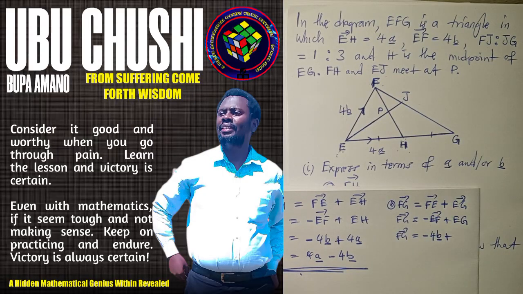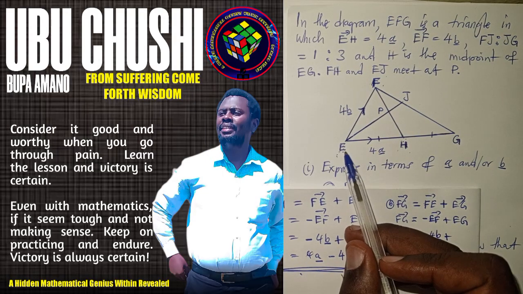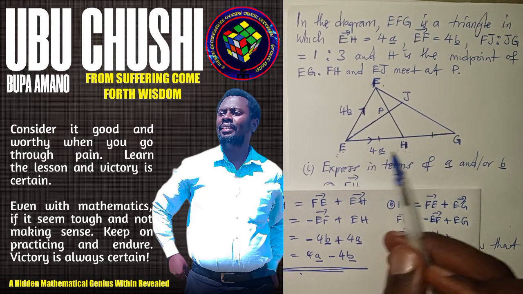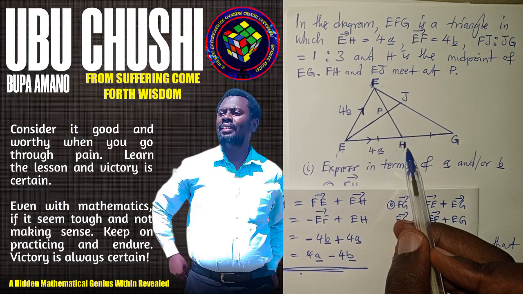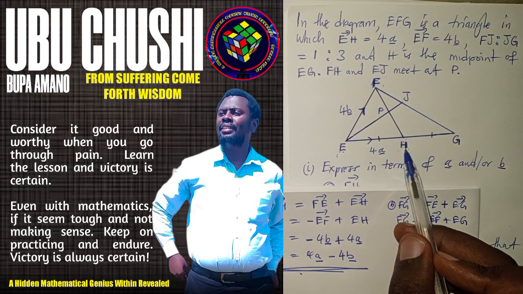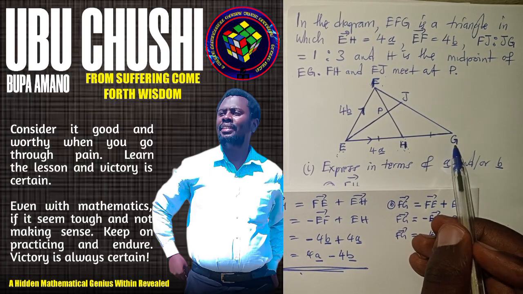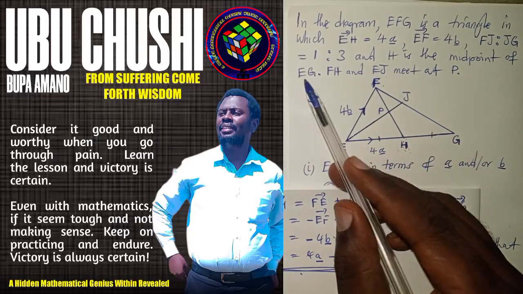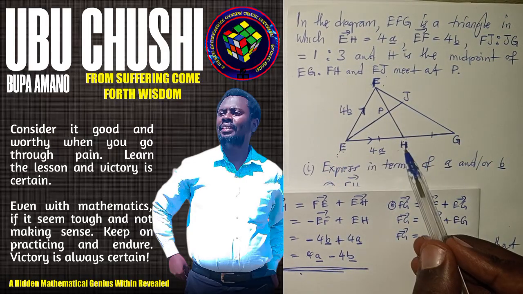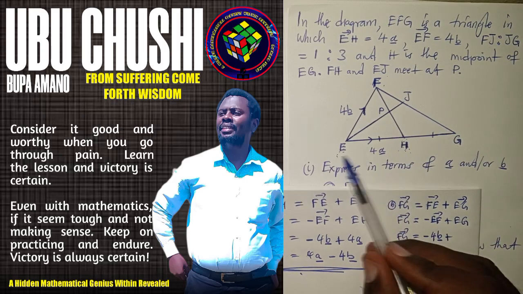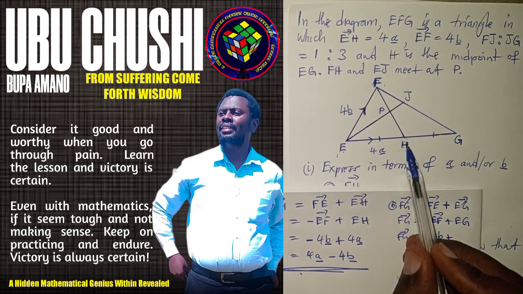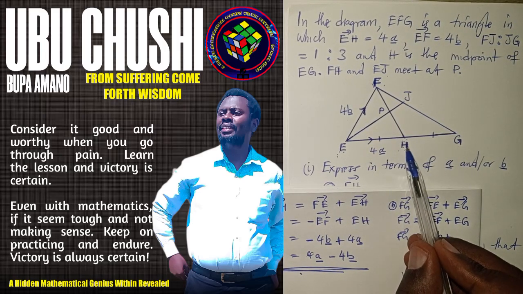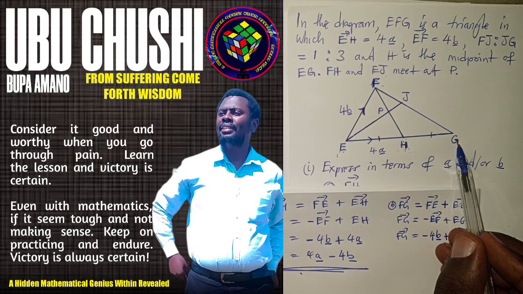EG: we are told that H is the midpoint of EG, meaning EH is equal to HG.